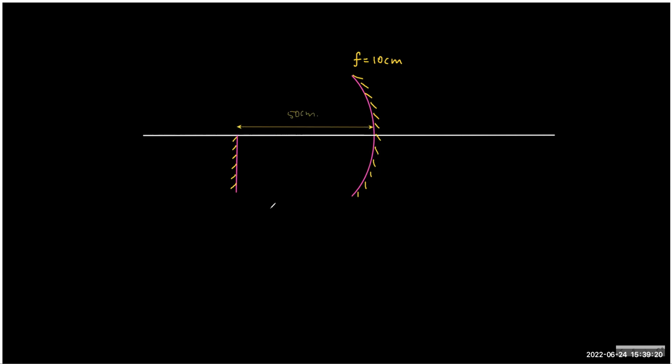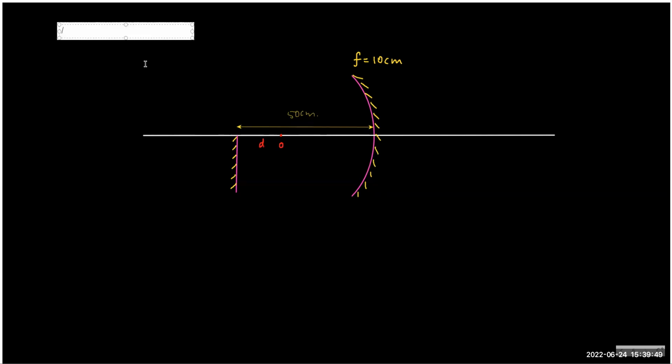Okay. So an object is kept in between the mirrors with unknown value. I mean, I don't know where it is, so let's call it D. So find the D value such that the first image formed by the plane mirror and the first image formed by the concave mirror both coincide. Questions clear?